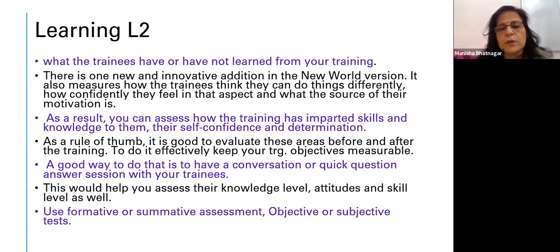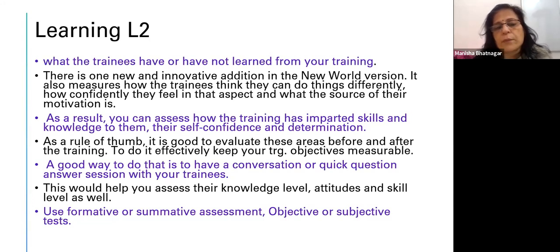A good way to do this is to have a conversation or quick question answer session with your trainees. So you can have that also, and orally also you can ask. And this would help you assess their knowledge level, attitudes, and skill level as well. And you can use formative or summative assessment.